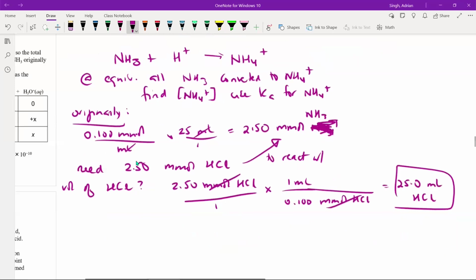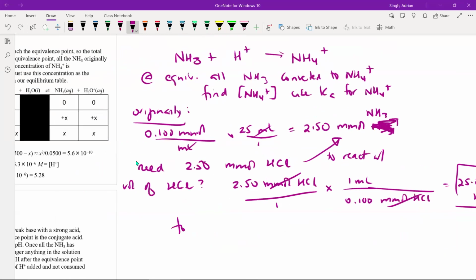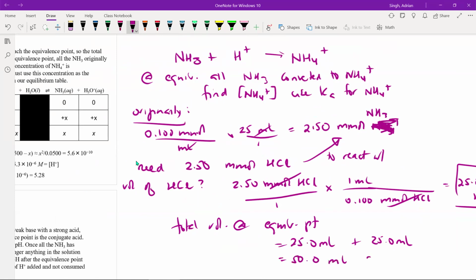So the total volume at the equivalence point would be equal to the 25 mL of the HCl plus the 25 mL originally of the NH3. So that gives 50.0 milliliters of solution at the equivalence point.